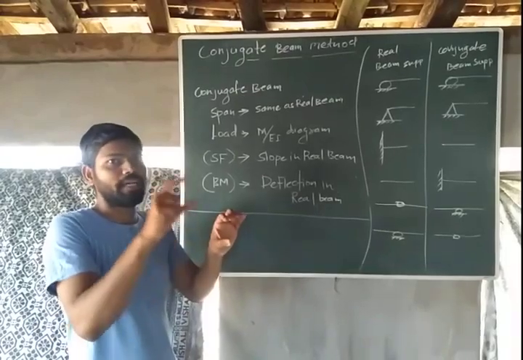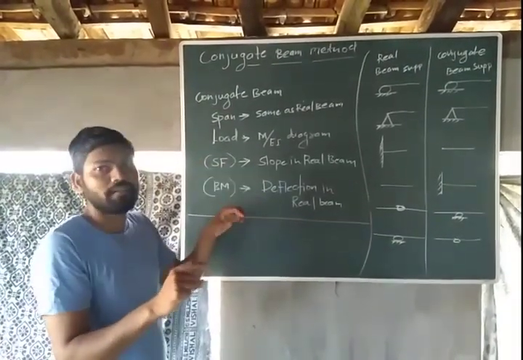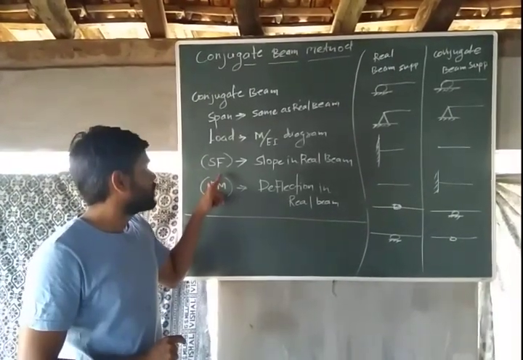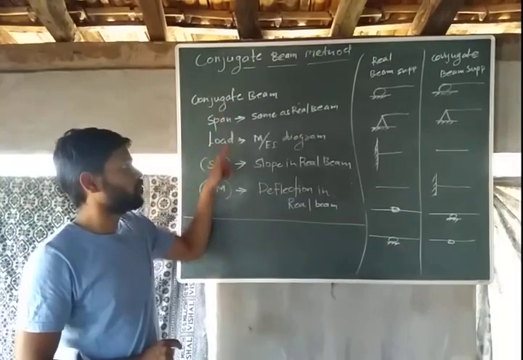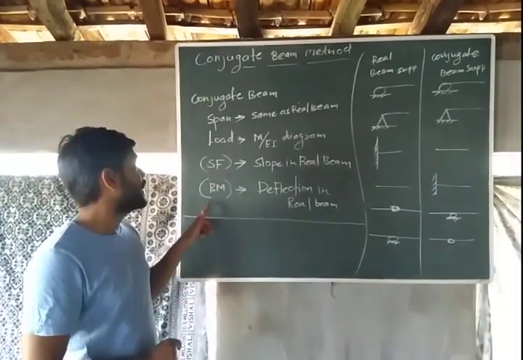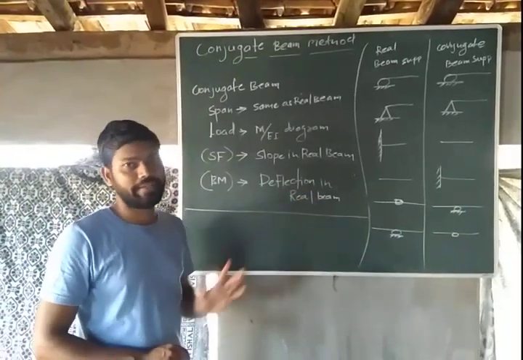So whatever M upon EI diagram there is, that area will be considered as a load on the conjugate beam. And shear force in the conjugate beam will be equal to slope in the real beam. And bending moment in the conjugate beam will be equal to deflection in the real beam.